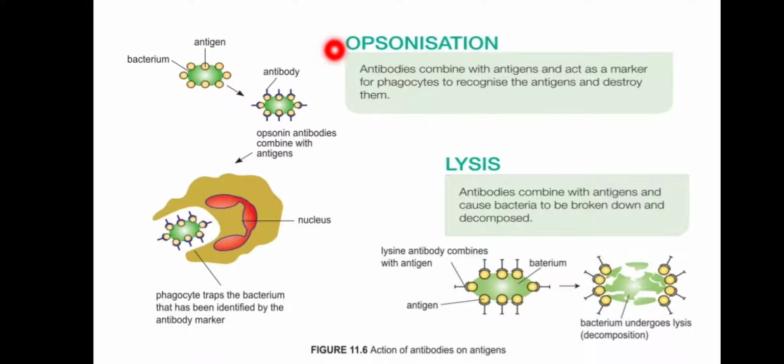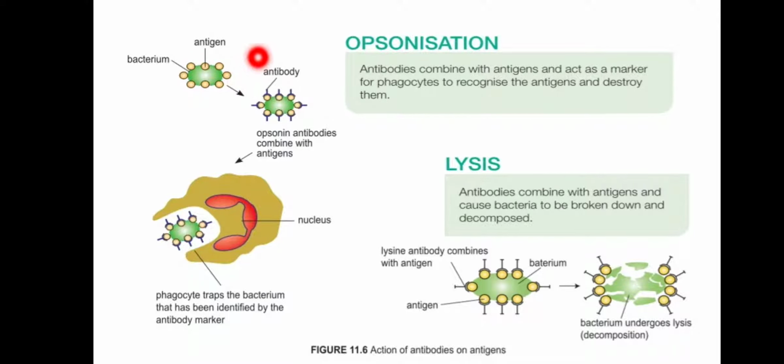Seterusnya adalah opsonization. Di sini opsonization, antibodies combine with antigen and act as a marker for phagocytes to recognize the antigens and destroy them. So di sini we have bacterium and this is the antigen.